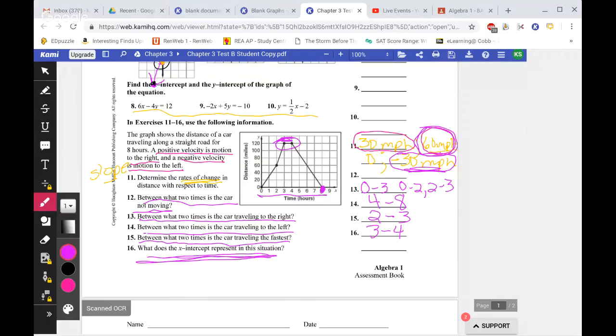So the car kind of starting and stopping. Yes. But you're really focused on this because this is just the origin and this is the true x-intercept, so that the car traveled for 8 hours and stopped.